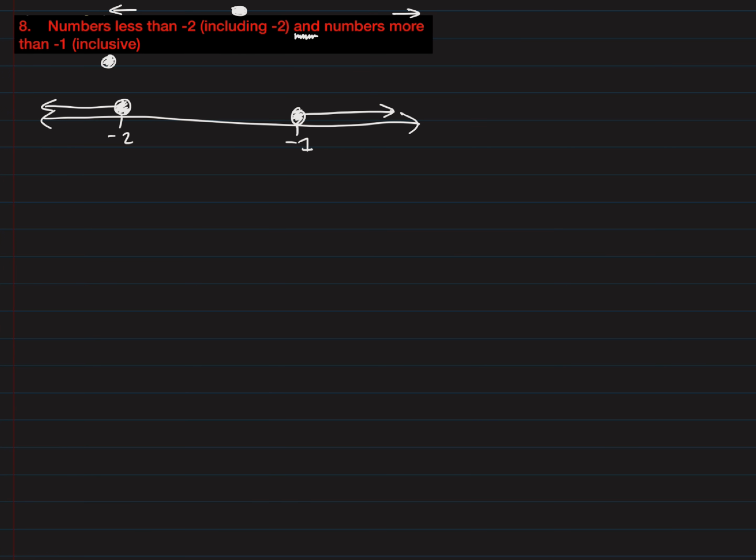So overall, we don't have any numbers that satisfy both of these requirements that we have. So our final solution would just be a number line with no interval. There's no numbers to satisfy this, and therefore we would have nothing. Like, we just have an empty interval.